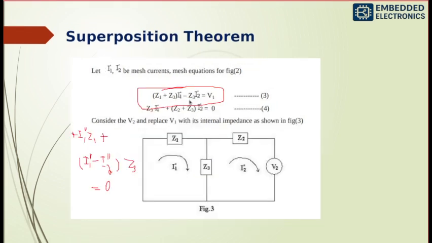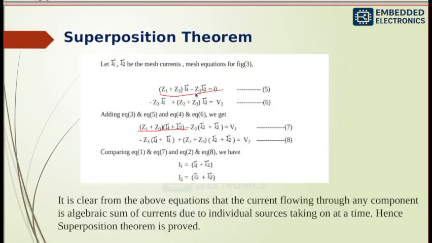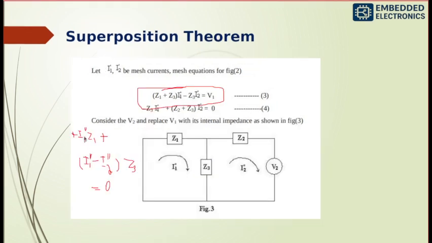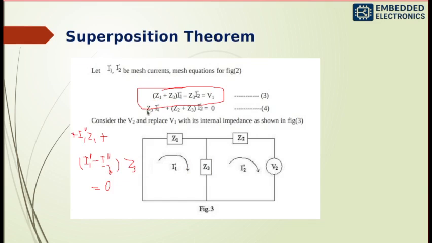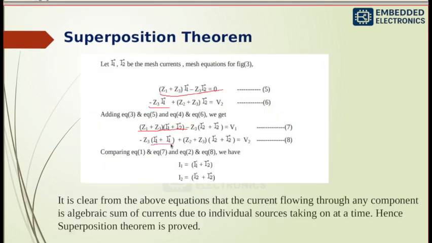And in equation 3, minus Z3 I2 dash, here minus Z3 I2 double dash. Z3 is common, right? So take minus Z3 common of I2 dash plus I2 double dash, equals 0. Similarly, for Z3 I1 dash, here minus Z3 I1 dash, take minus Z3 common, then it shows I1 dash plus I1 double dash. Similarly, take Z2 plus Z3 common, then you will get I2 dash and I2 double dash.